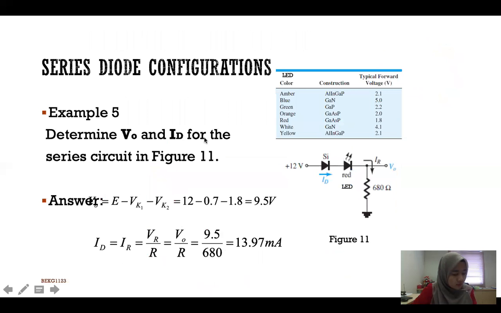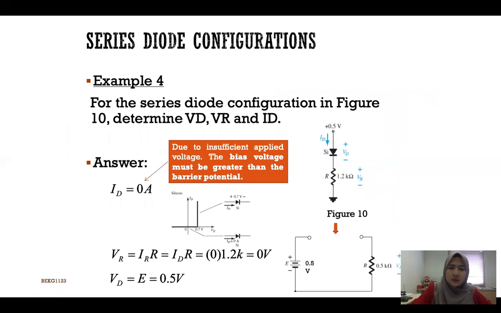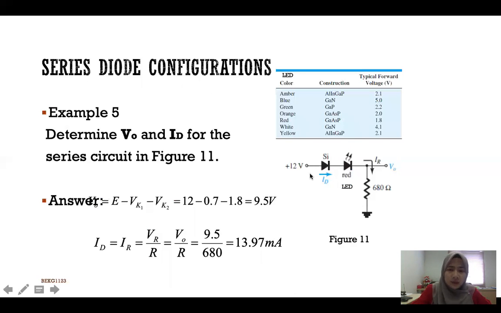Now let's do example 5. For example 5 over here, this is forward bias. In the previous slide, you must change it to reverse bias. This is forward bias.